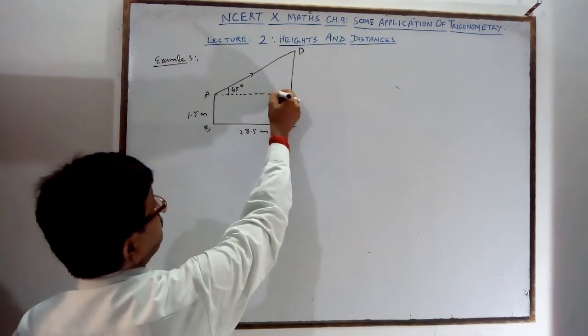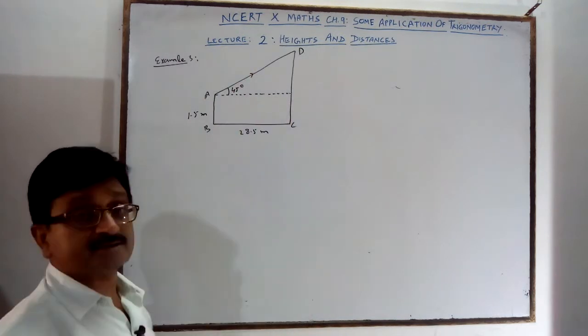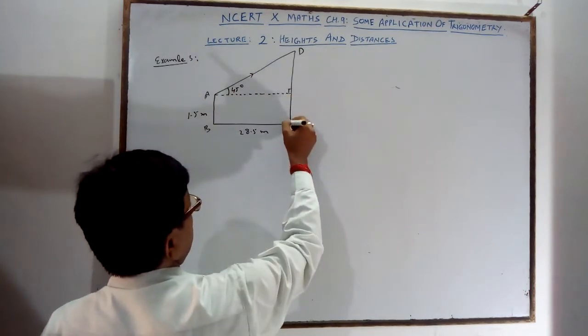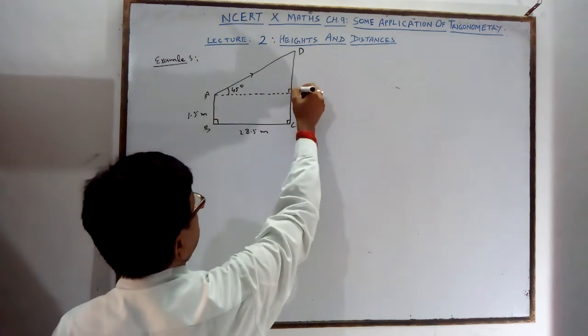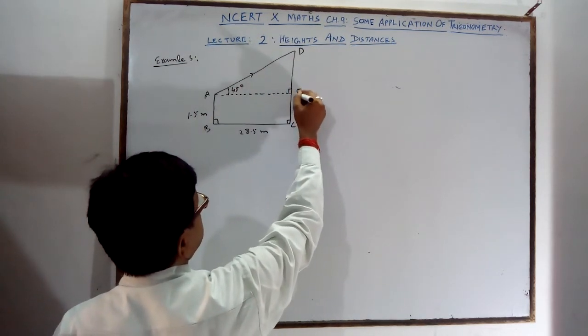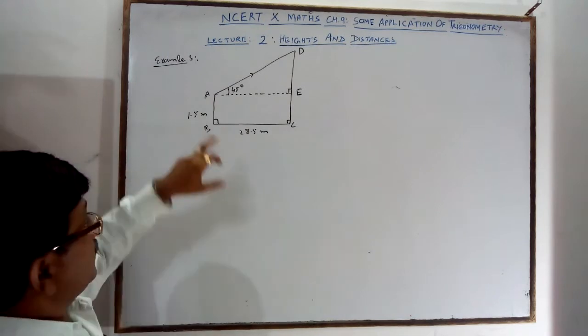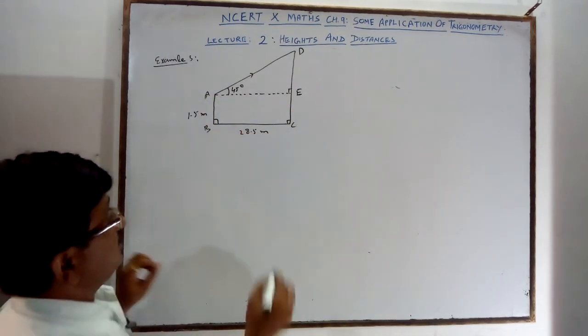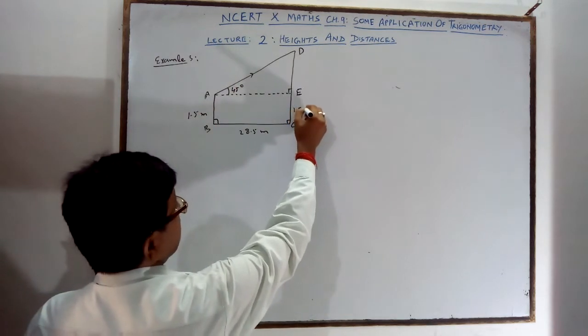Because a trapezium you can't solve, you want to get a right triangle here. So you form a rectangle here, and then you will get a right triangle. So EC will be 1.5 meter.